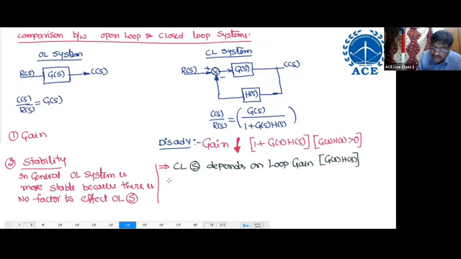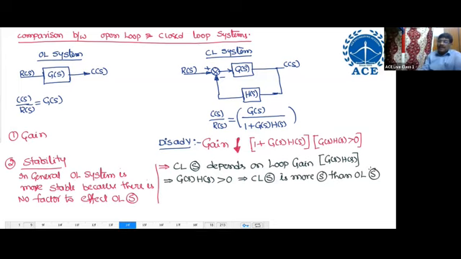If the loop gain G of S H of S is greater than 0, then the closed loop system is more stable than the open loop system.